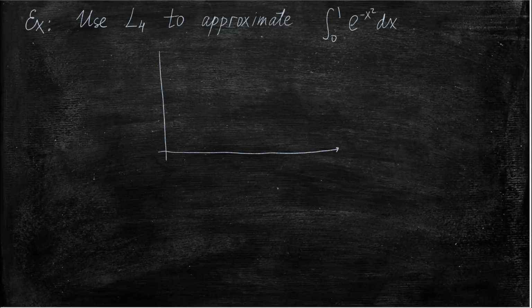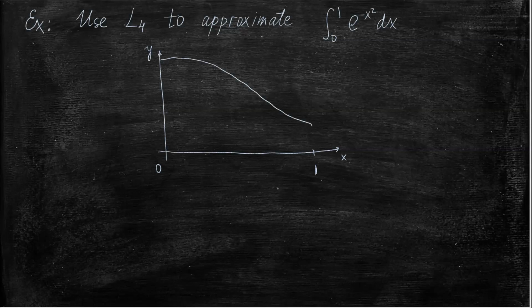I'm going to draw some generic function, and we're going to be drawing it on the interval from 0 to 1. I know what e to the x squared looks like, but I don't have to draw exactly that function to understand the process. But I'm still going to try it. So it looks something like this.